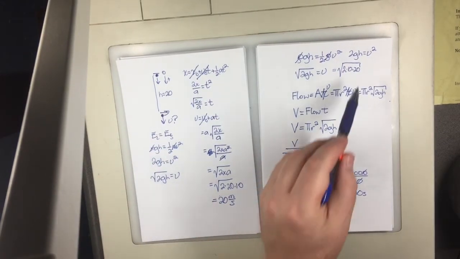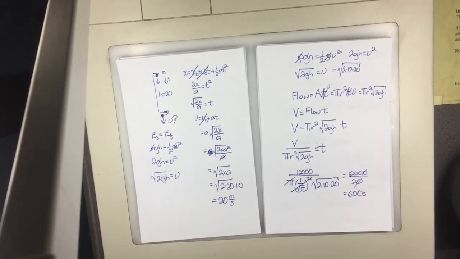Once again, we end up with the same equation. So the water coming out at the bottom of a 20-meter deep tank comes out at the same velocity that a stone would have if it fell that same height. So it's an interesting observation.